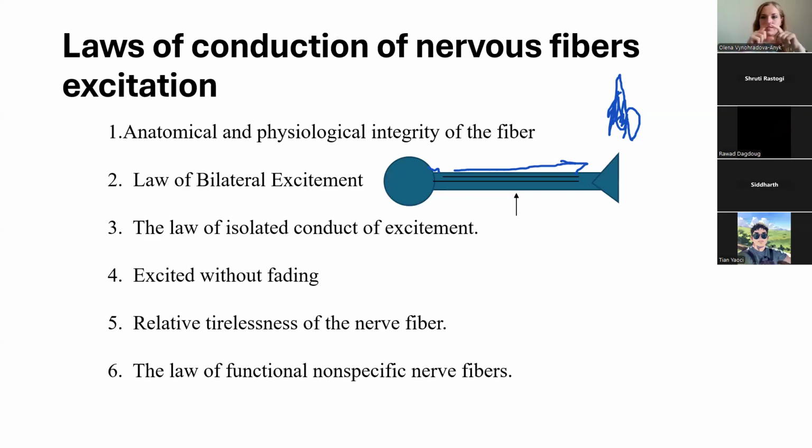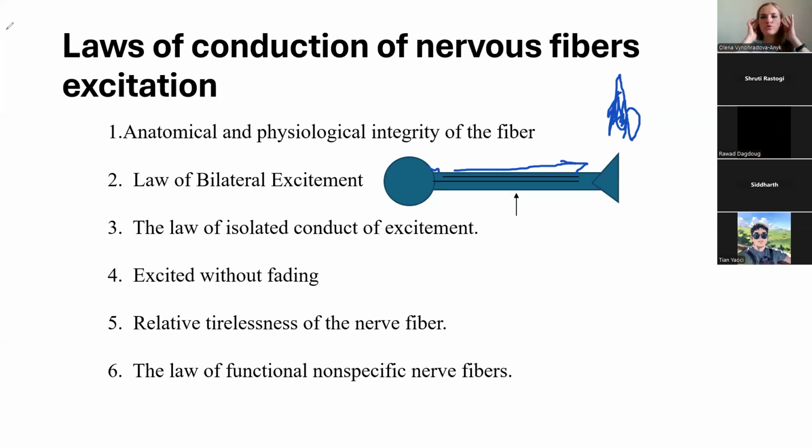You know very well that inside one nerve irritation can move to different areas. Some nerves contain both afferent and efferent fibers. That's why in normal conditions irritation never jumps from one fiber to another. Excitation happens without fading, without tiredness. And also the law of functional non-specificity of nerve fibers.